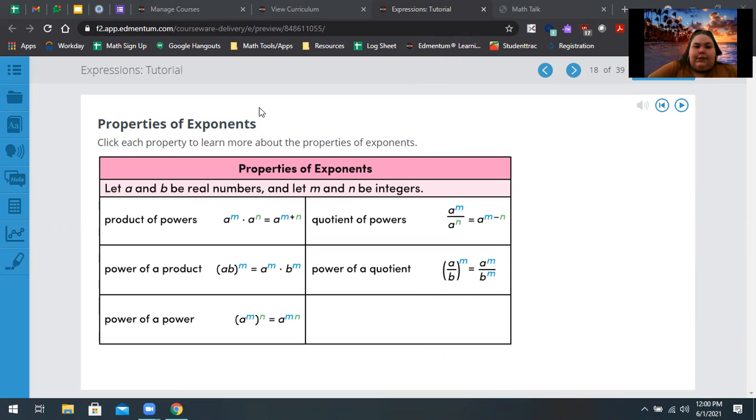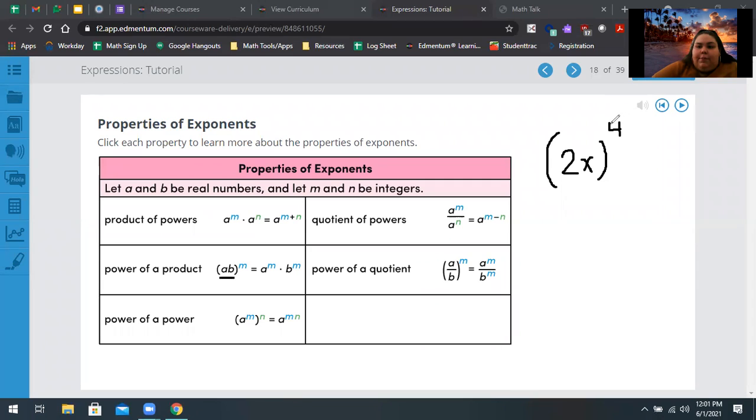Power of a product. Here you have a and b inside the parentheses, and it's raised to the power of m. That m will get distributed to both of those variables, a and b. So how does that look here? Here's my example. We have, let's say, 2x to the 4th power.